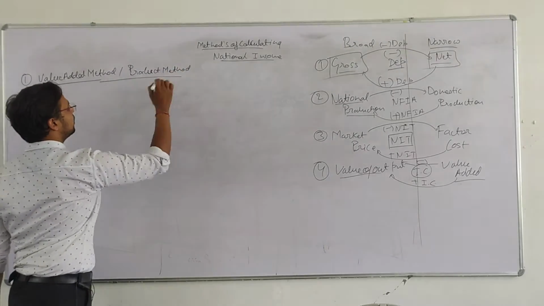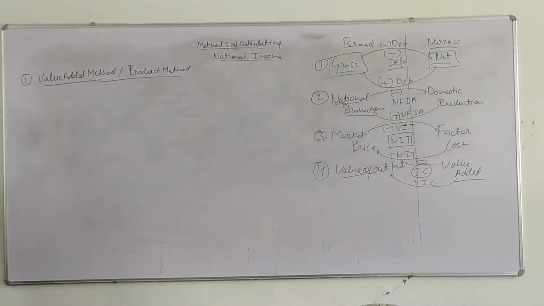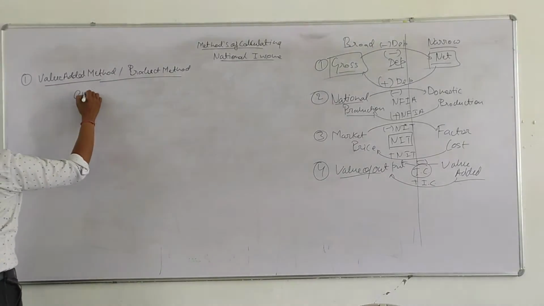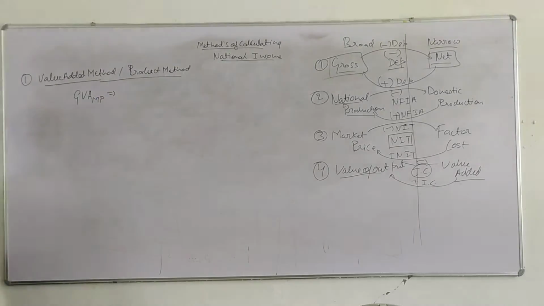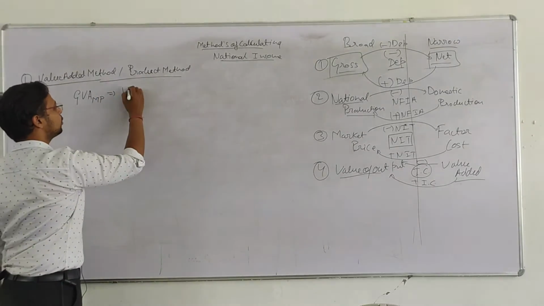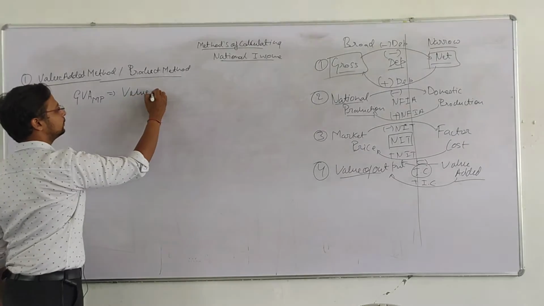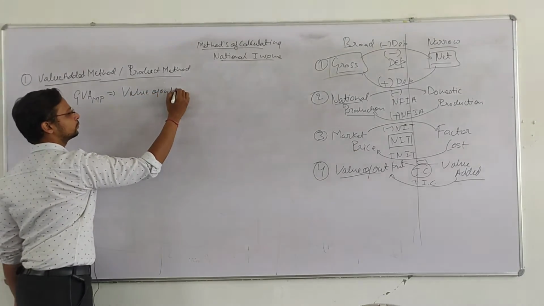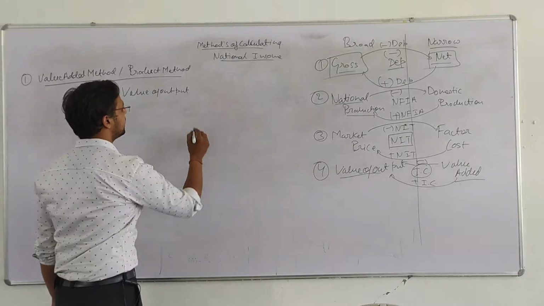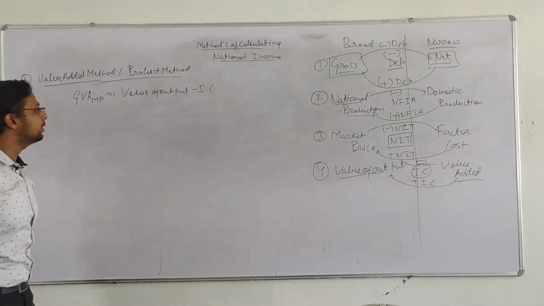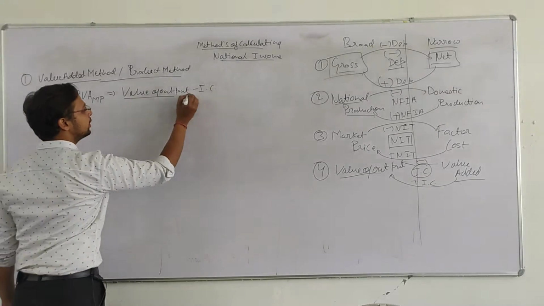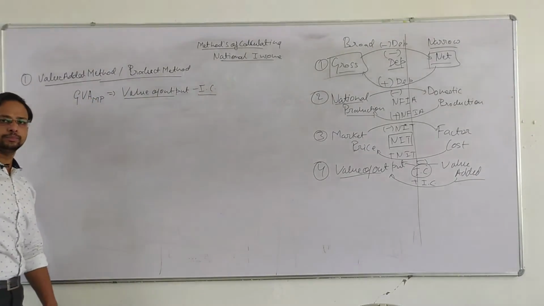Now, how do we calculate national income by using the product method? Simple. We will write that GVA at MP equals value of output minus intermediate consumption.